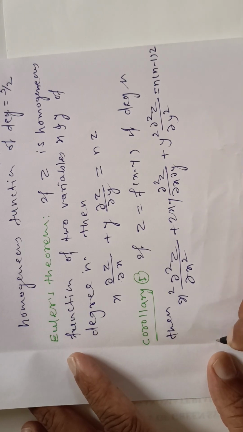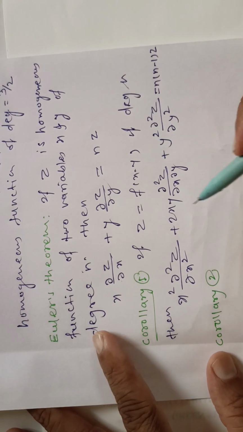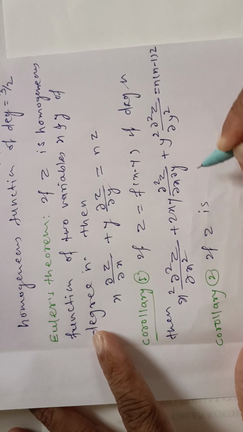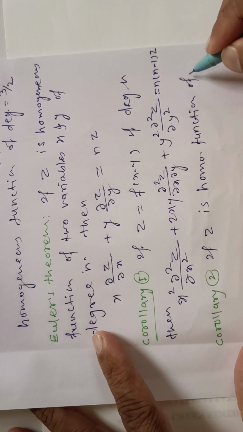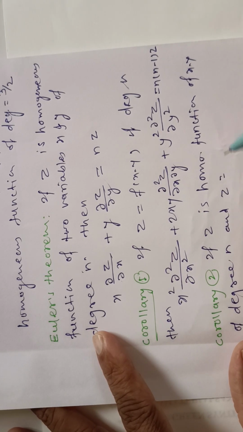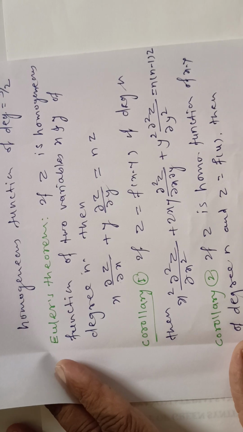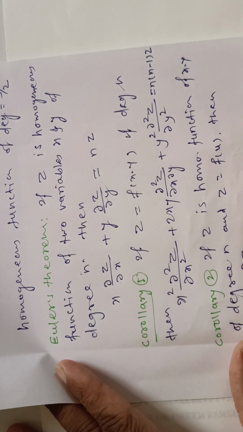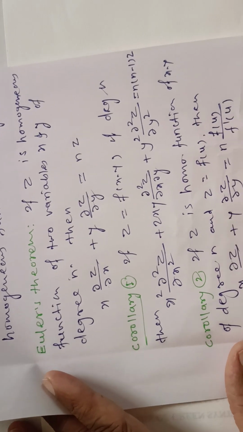Now we see corollary 2. If z is a homogeneous function of x, y of degree n, and additional information z is equal to f of u, then x ∂z/∂x plus y ∂z/∂y is equal to n into f of u divided by f dash of u.